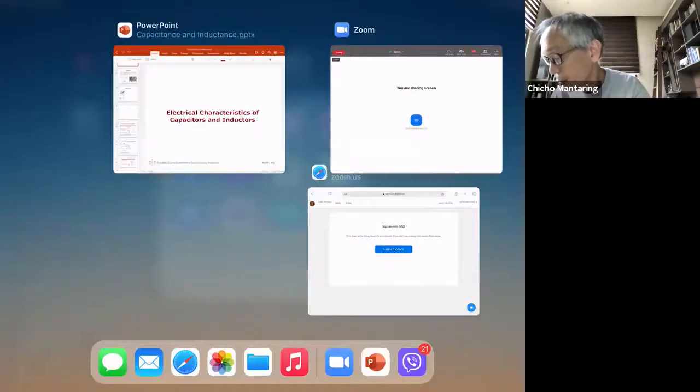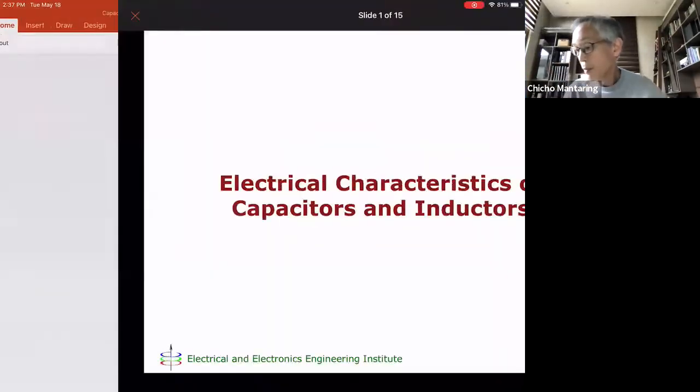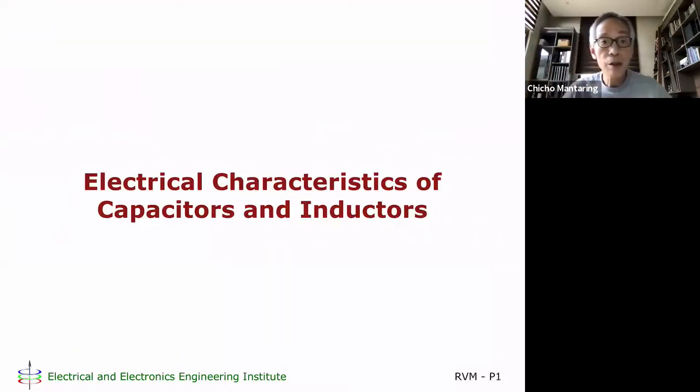Okay, I'm going to start with a discussion of capacitors and inductors. So, electrical characteristics of capacitors and inductors.